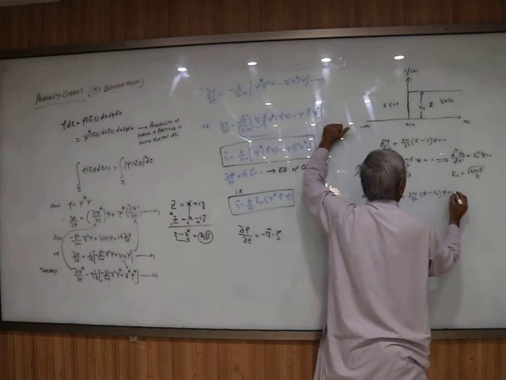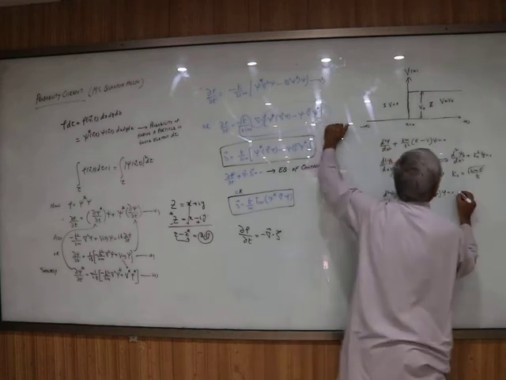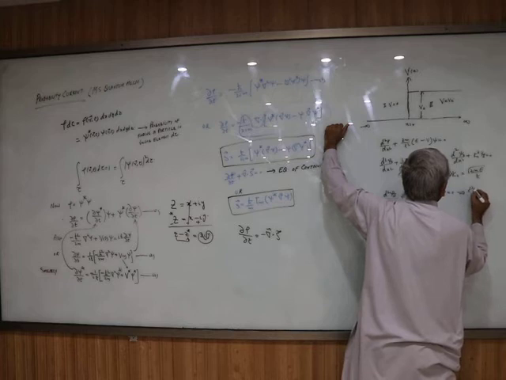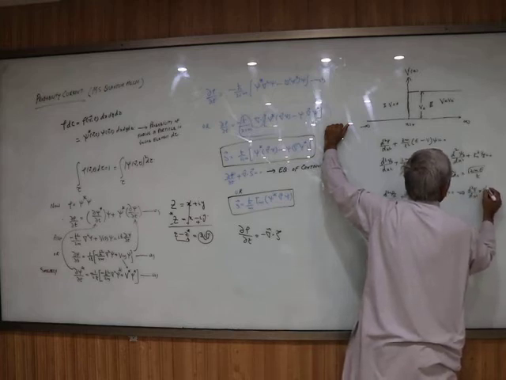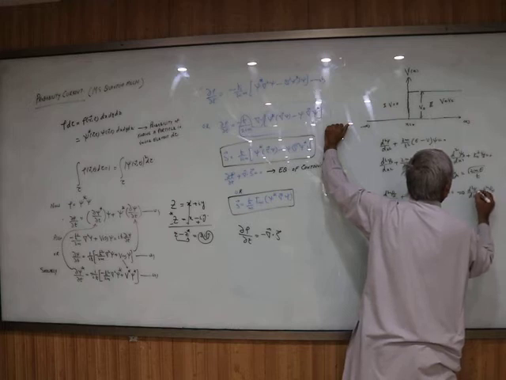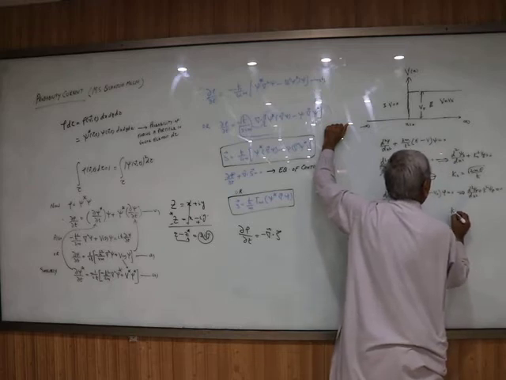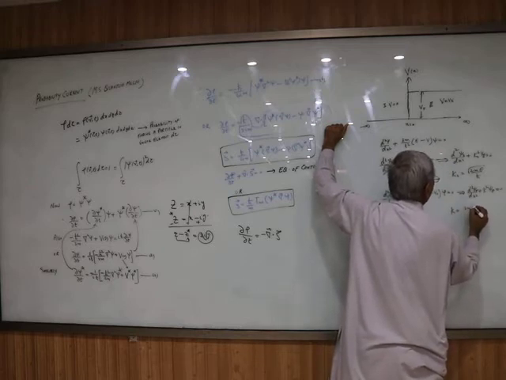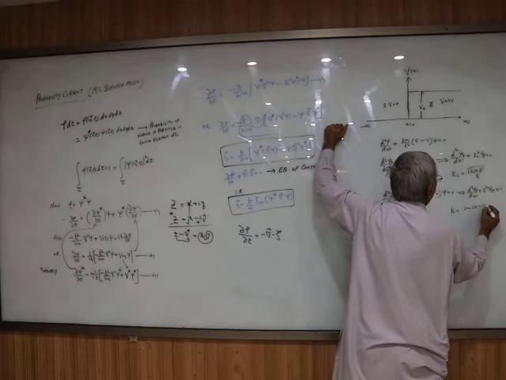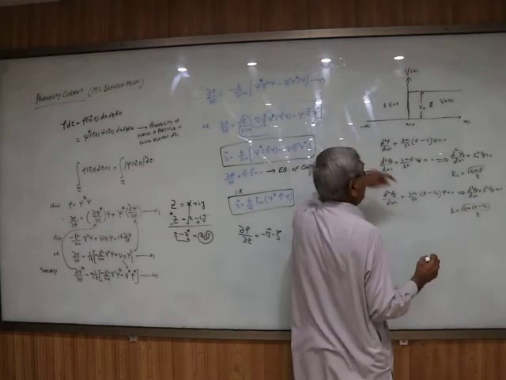Or d2 psi 2 over dx2 plus k square psi 2 is equal to 0, where k is equal to square root of 2m(E minus V naught) over h bar. Okay, so these are the wave numbers.